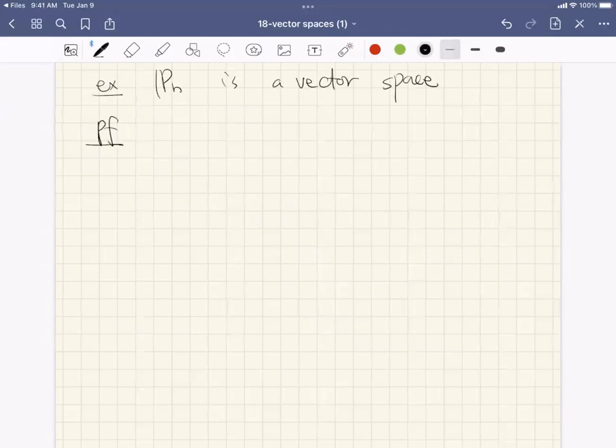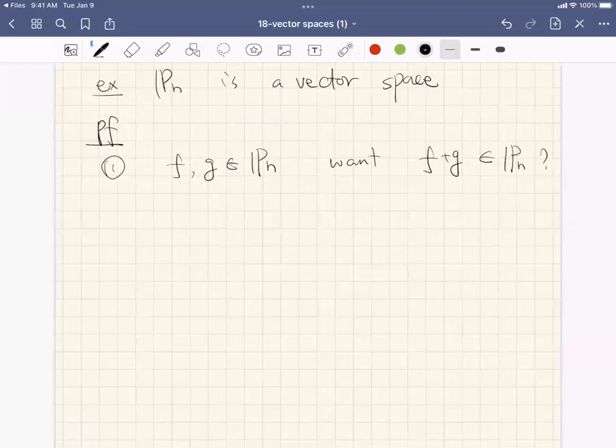Let's again prove three things. First thing, if f, g are in Pn, we want to prove f plus g is in Pn.